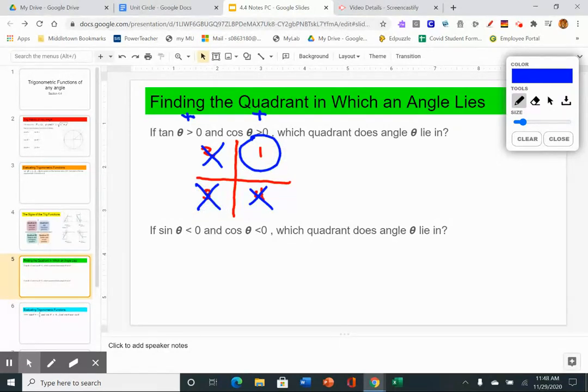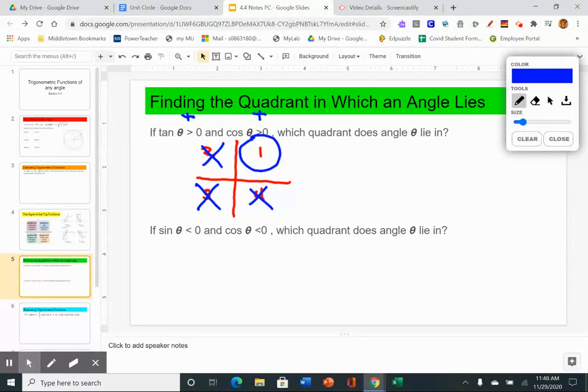It can't be quadrant 3 because the cosine is negative in Q3. So in quadrant 1, everything is positive. So the answer for this has to be Q1. So a little recap, it can't be Q2 because they're both negative in Q2. It can't be Q3 because cosine is negative in Q3. And it can't be Q4 because the tangent is negative in quadrant 4.